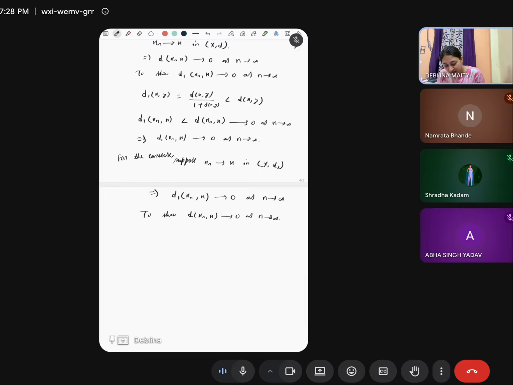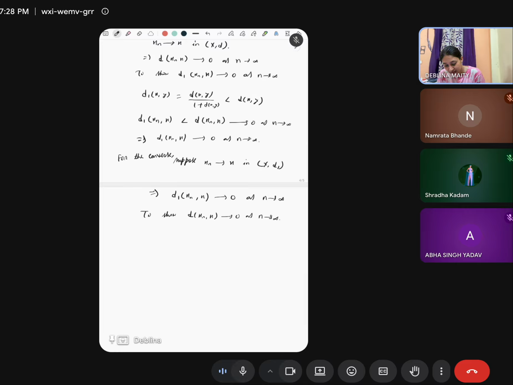Okay, so this means d(xn, x) by 1 plus d(xn, x) is less than epsilon by 1 plus epsilon. This means d(xn, x) is less than epsilon for all n greater than or equal to N. And this implies xn converges to x as n tends to infinity, right?